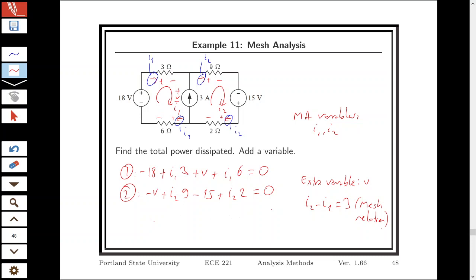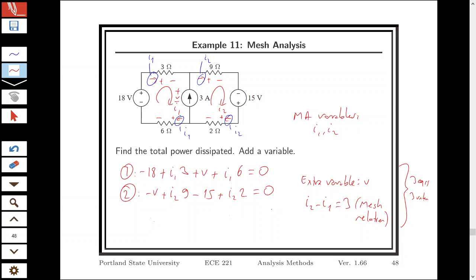So now this system of equations can be solved. Three equations, three unknowns.